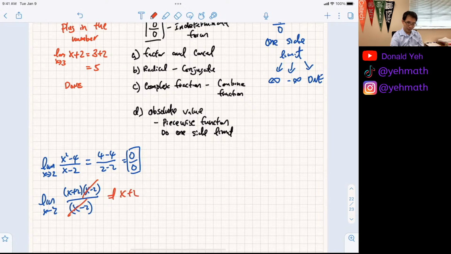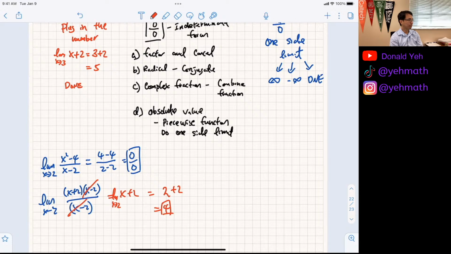But there's a limit in the front. Don't forget about that. Now you can plug in, so it'll be 2 plus 2. That's equal to 4. That's pretty easy, right?